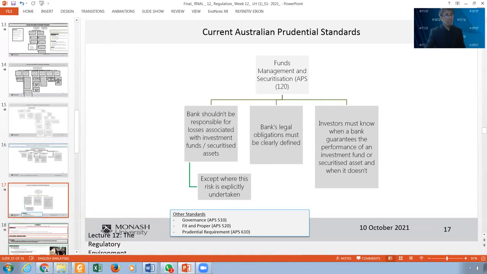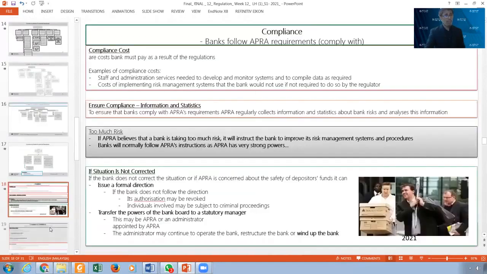Now let me come to the compliance. There is a compliance cost. Compliance means you have to carry out and apply the standards, and that is costly. Why? Because you have staff and administration services to do all of this, to develop and monitor systems to comply.